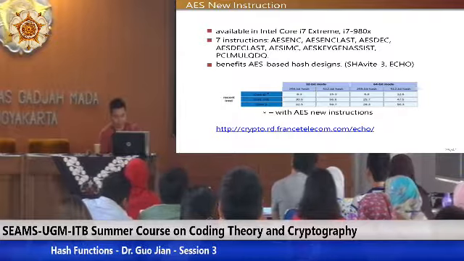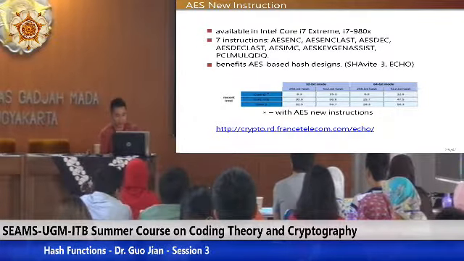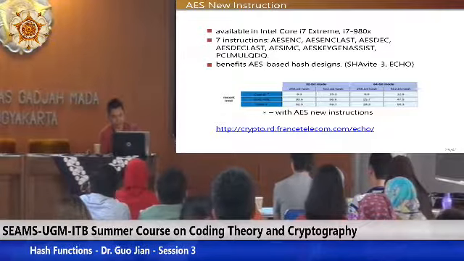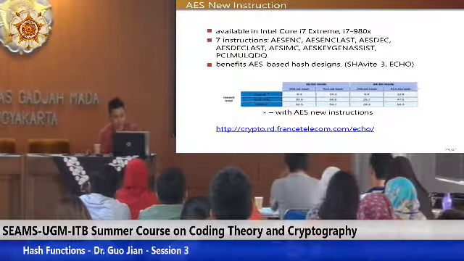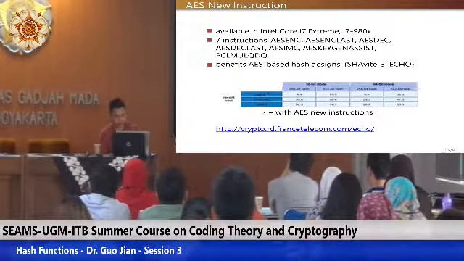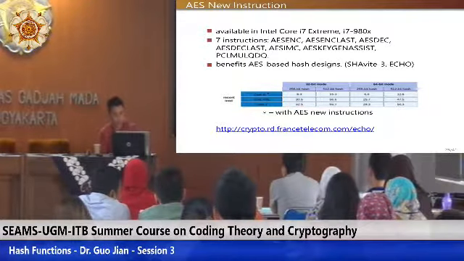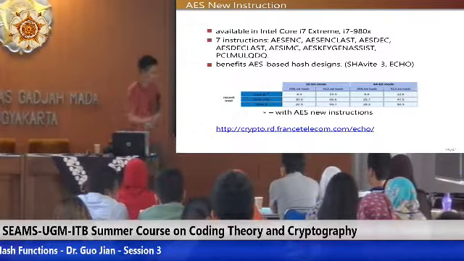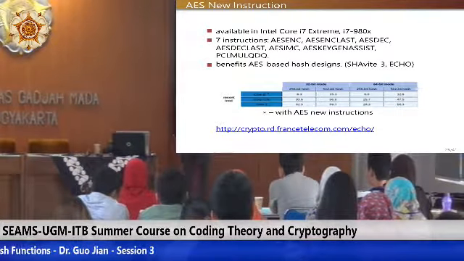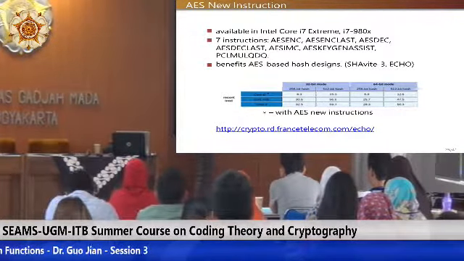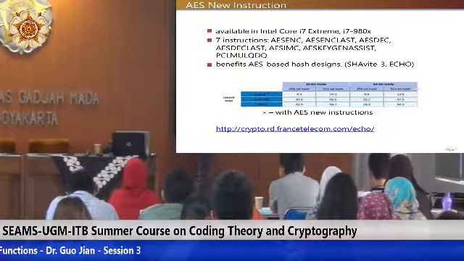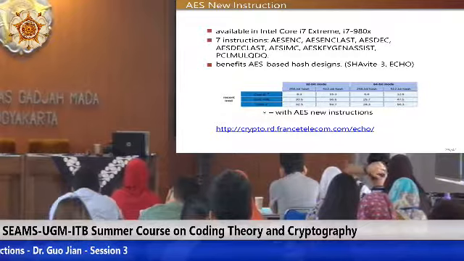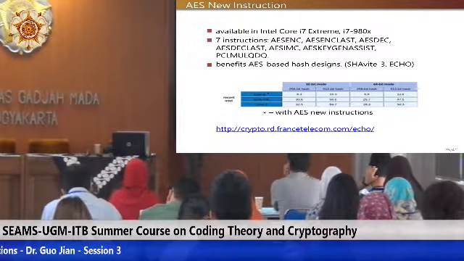So designs making use of AES as the underlying primitive are fast with the AES new instruction. So you can see 4 cores, 4 threads, you can run AES in roughly 1 cycle per byte. If you have even more threads, you can be even faster.